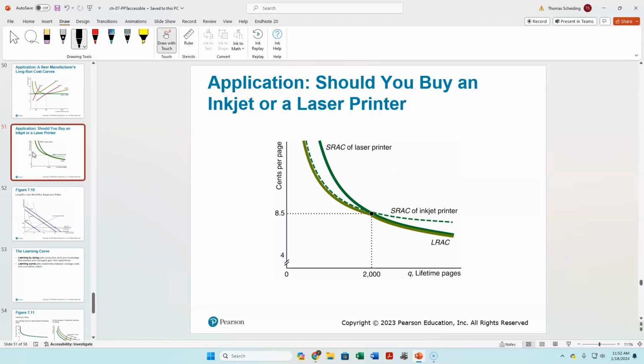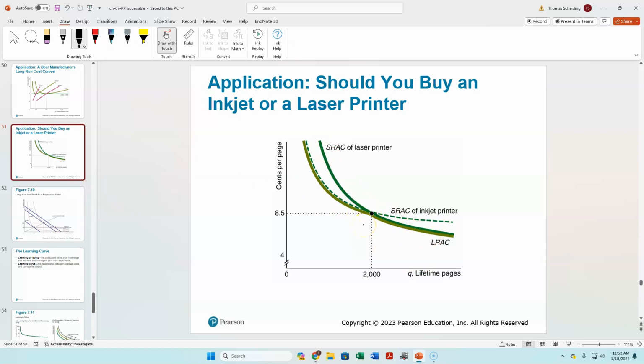And we've got this other idea here too, that we could make it a little bit more personal, and that would be whether a person should buy a laser printer or an inkjet printer. If you're not printing a lot, an inkjet printer can be cheaper, but as you print more and more, then a laser printer is better, right? And so we as individuals face this.